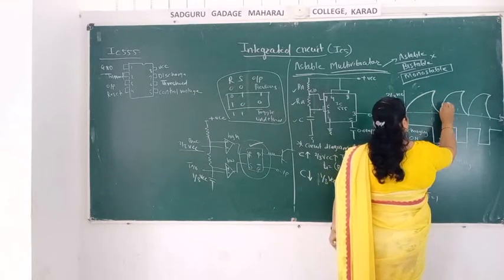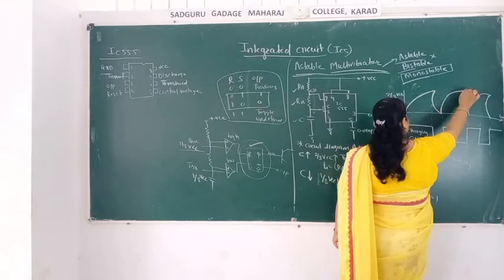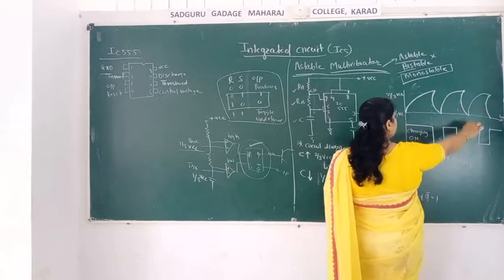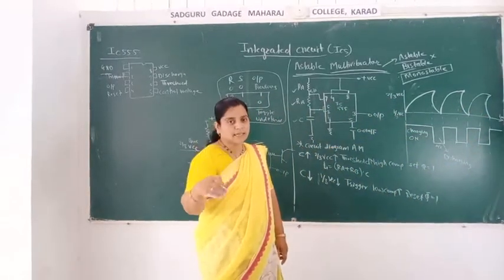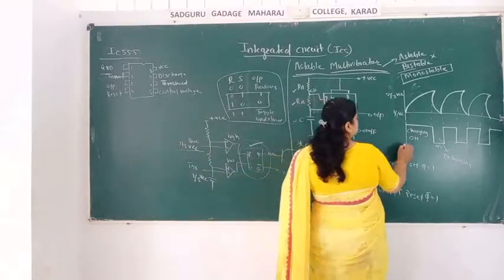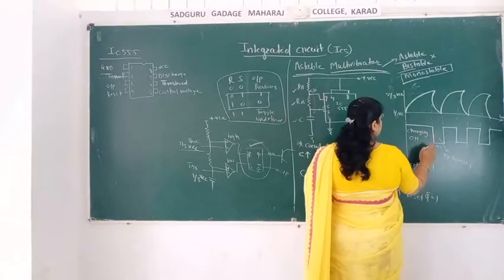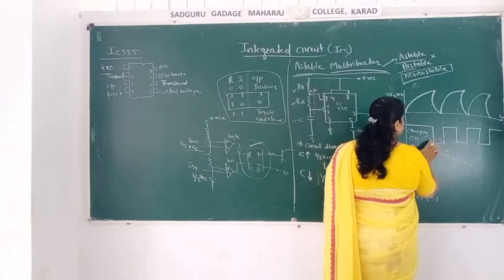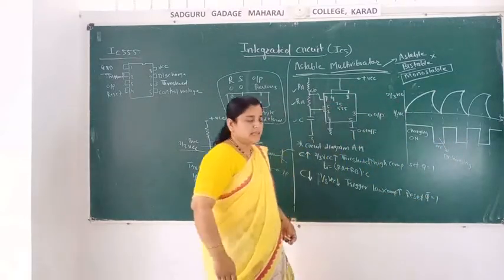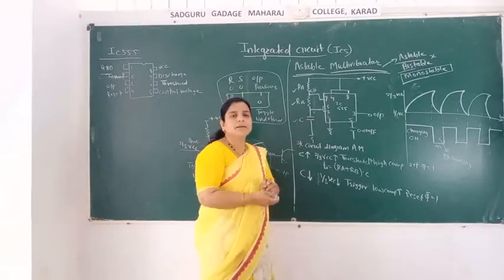Again at 2/3 of VCC it will be charged, and below 1/3 of VCC it will be discharged. So charging and discharging times are found in the form of pulses. Charging time is greater than discharging time in the astable multivibrator.